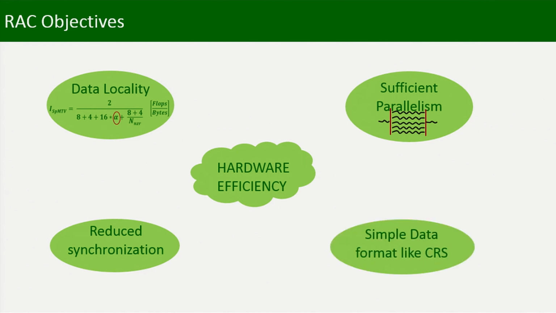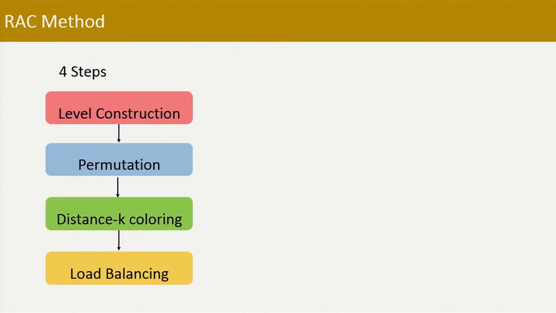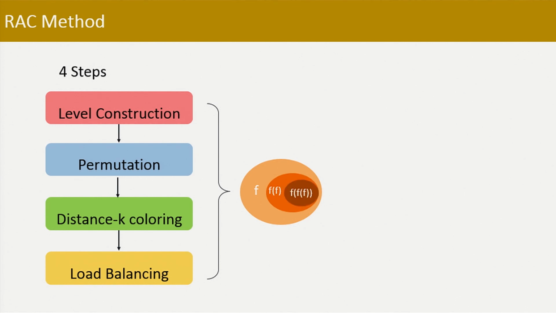Furthermore, this has to be applicable on simple data formats like CRS. The recursive algebraic coloring method, or the RAC method, consists of 4 steps: the level construction, permutation, distance k coloring, and load balancing. At the end of the 4 steps, if sufficient parallelism is not attained, we apply the steps in a recursive manner on a selected subgraph of the matrix.